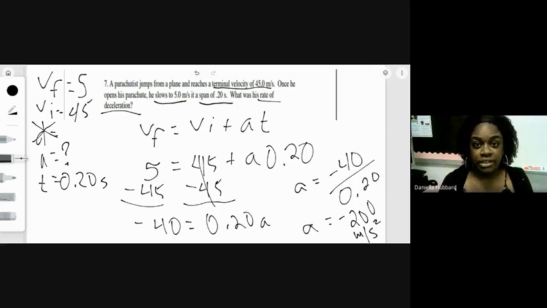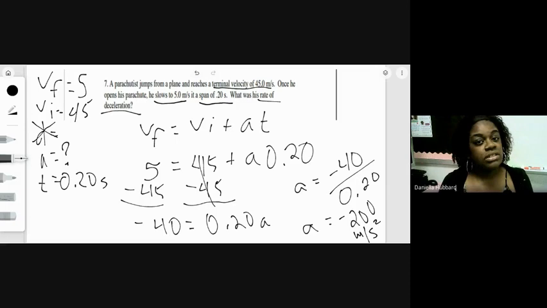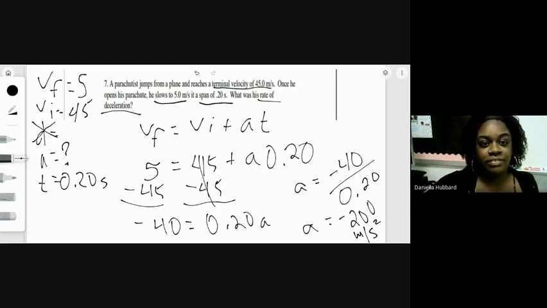Then you can find your equation based on the equation that does not have the variable that you X'd out. Then you do your algebra work and then you will find your answer. Those are the steps that you need to follow in order to be successful with kinematics. And hopefully those strategies can carry you on through the rest of physics.